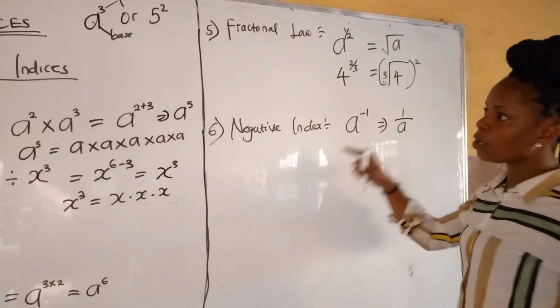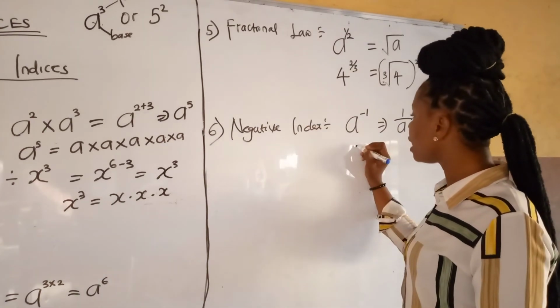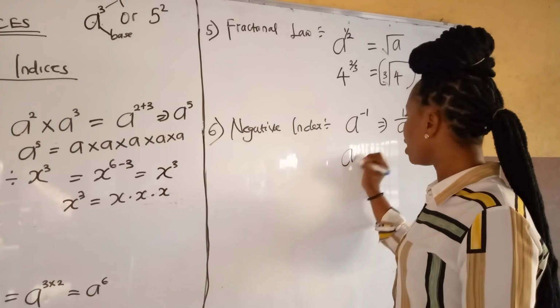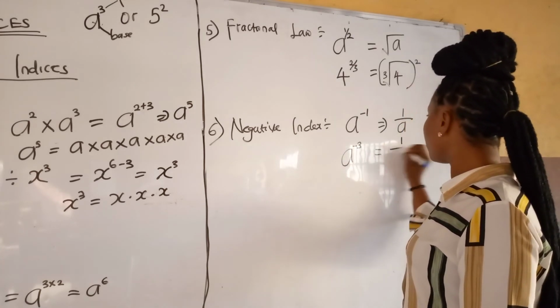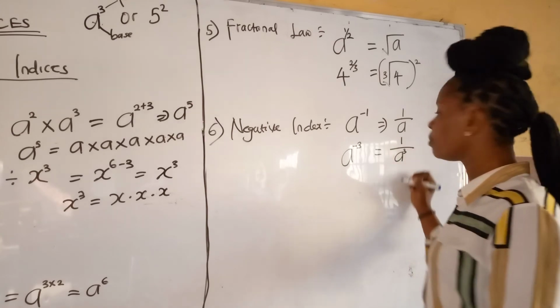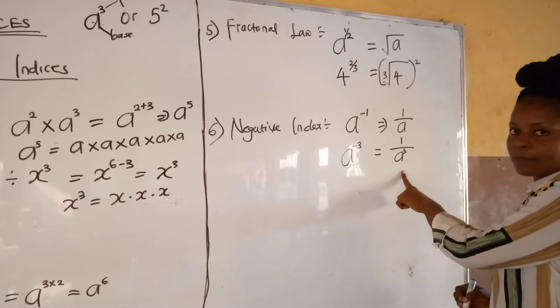These two are the same thing under the laws of indices. Another example is if you have a raised to the power of -3. You can write it as 1 all over a cubed. Minus means the reciprocal of that base.